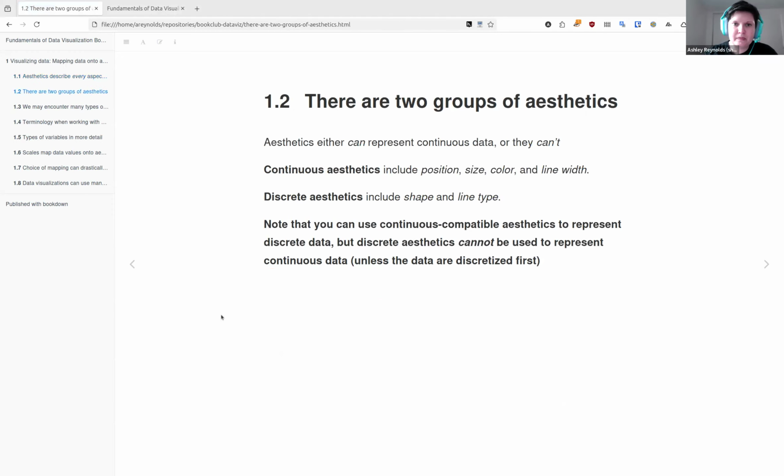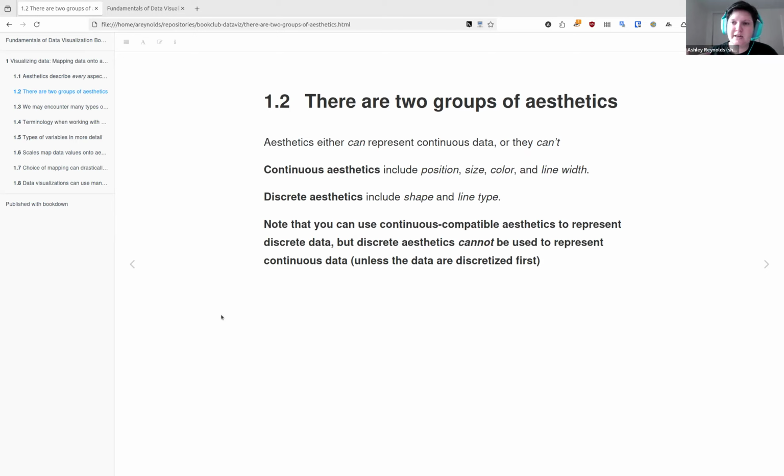Here we go. When we're looking at aesthetics, there are basically two groups that we can think about. We can think about aesthetics that can represent continuous data or aesthetics that cannot represent continuous data. So just for simplicity's sake, I'm referring to them as continuous aesthetics and discrete aesthetics. Continuous aesthetics can include position, size, color, and line width.